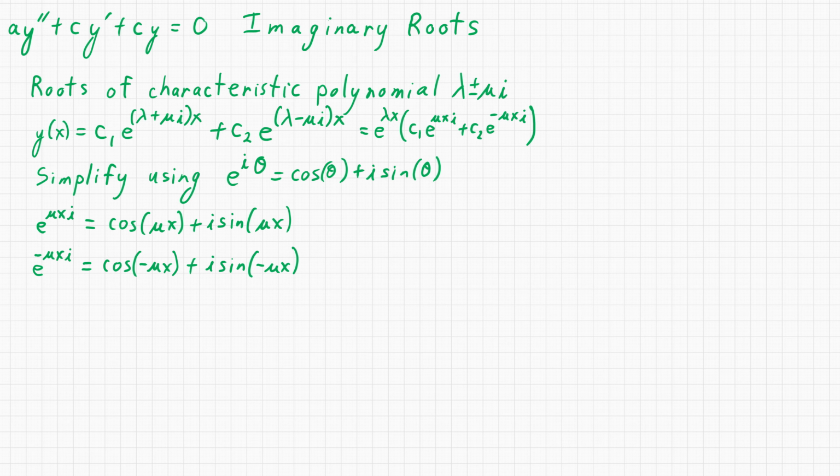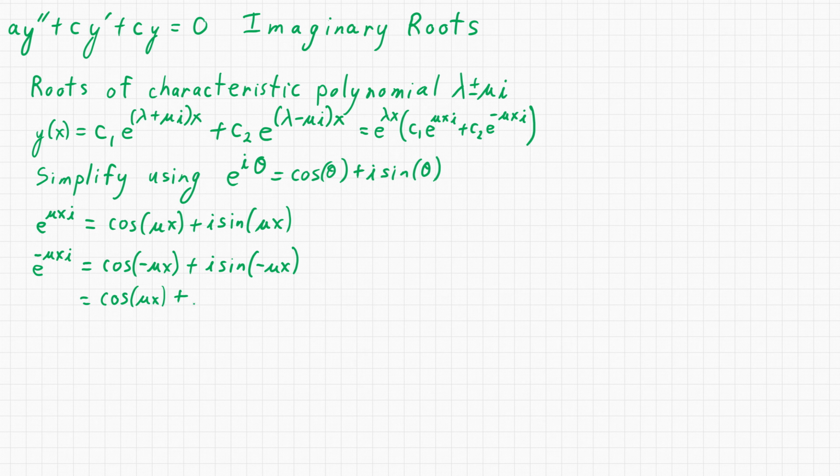But I do want to simplify that a little. The first thing is cosine is a symmetric function. If you do cosine of a negative value, it's the same as cosine of the positive value. You flip it about the y-axis, you get the same graph. So cosine of negative mu x is the same as cosine of mu x.